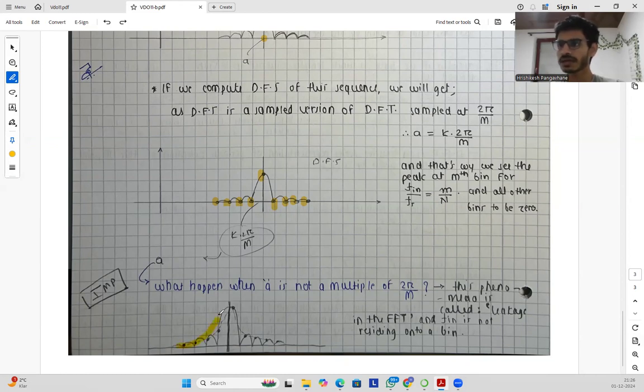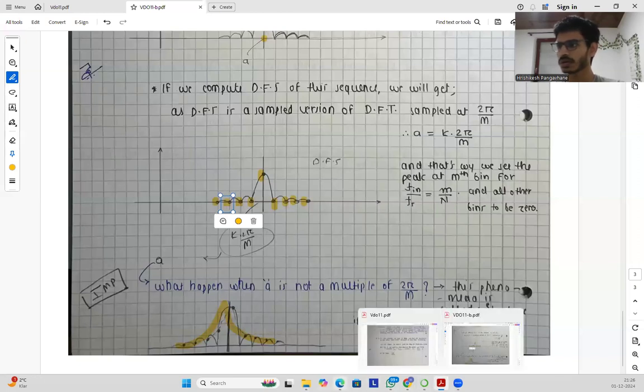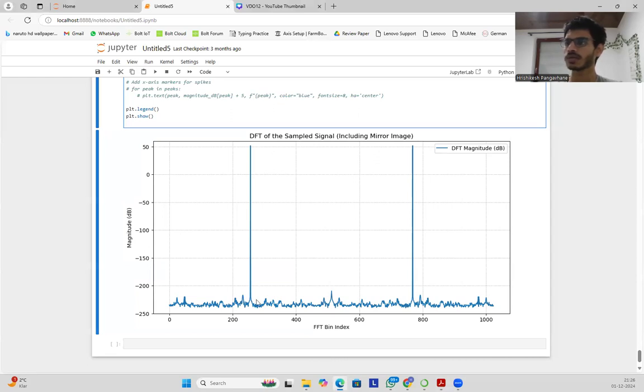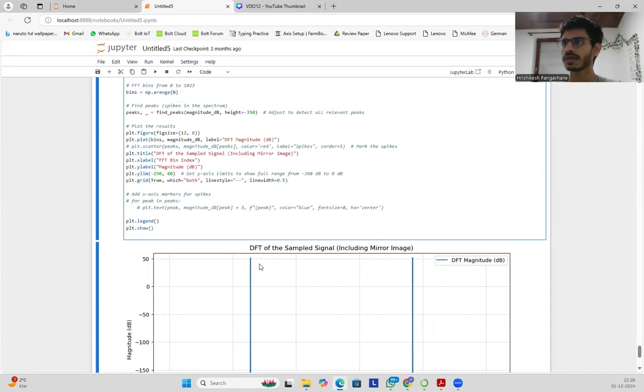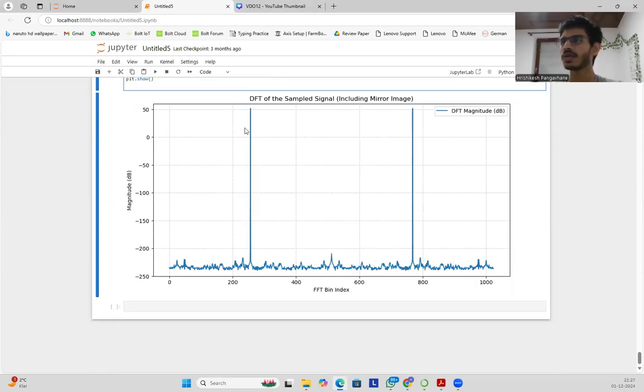The plot will be like this, instead of just a peak at this point and other points being 0. So when we saw the plot earlier, we only had a peak at the mth bin, where m is 256, and we don't have any other bin occupied with a coefficient.